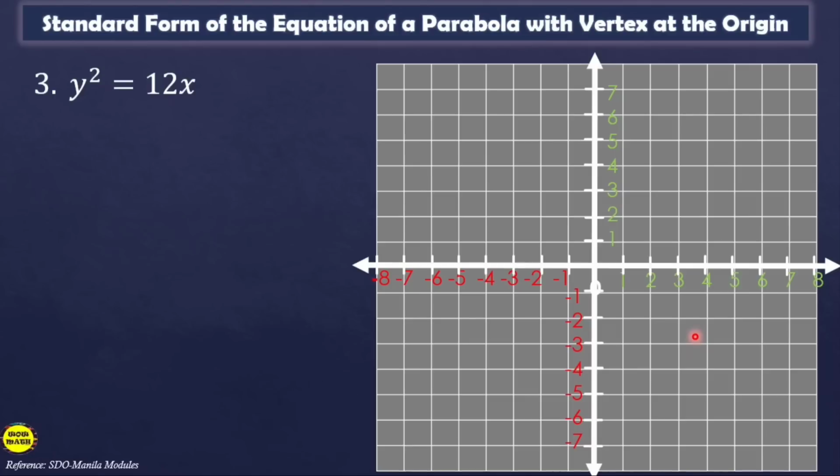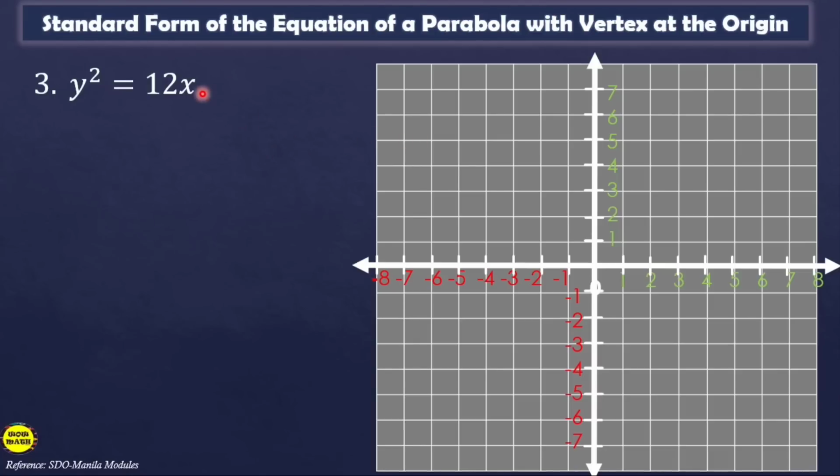Okay, example number 3. Y squared is equal to 12x. So this time, class, it is x that is not raised to 2. When our variable x is not raised to 2, it means the opening of our graph is towards the left or right of our Cartesian plane.